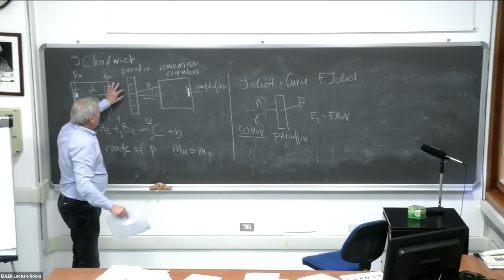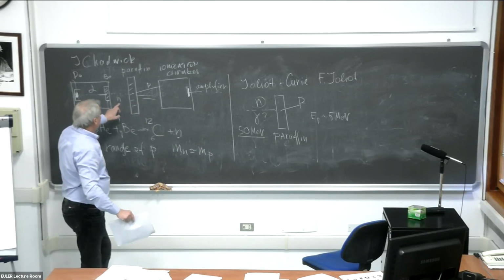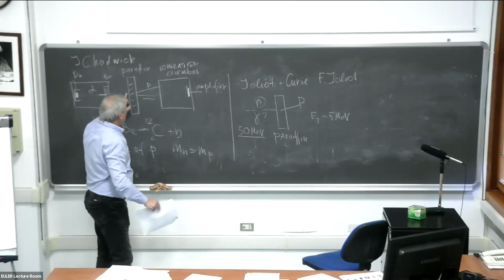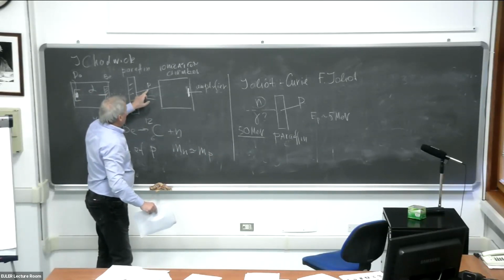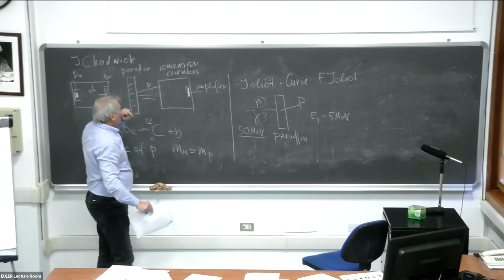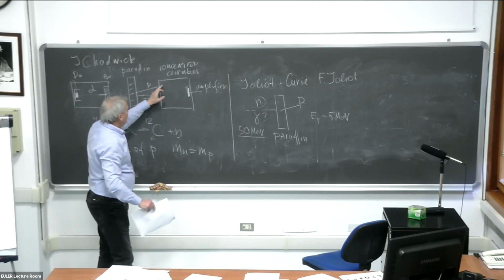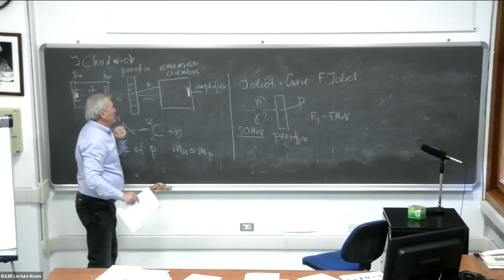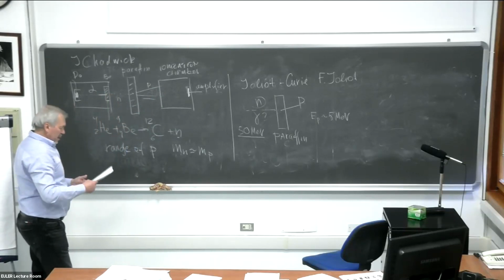So that allows you to explain the kinematics of this process and the energy of the protons which are emitted, the energy of the protons measured in this ionization chamber.